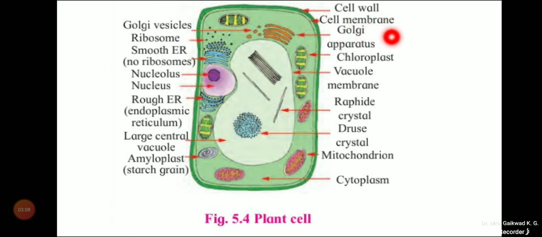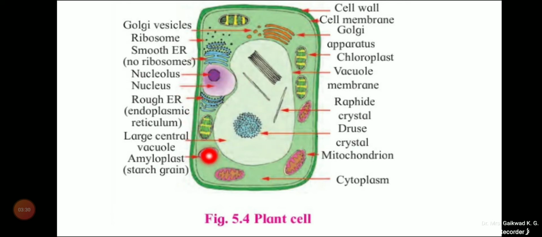Afterwards, the cell membrane is there, which covers the different cell organelles inside it, and all the different cell organelles are again bound by their own cell membrane.